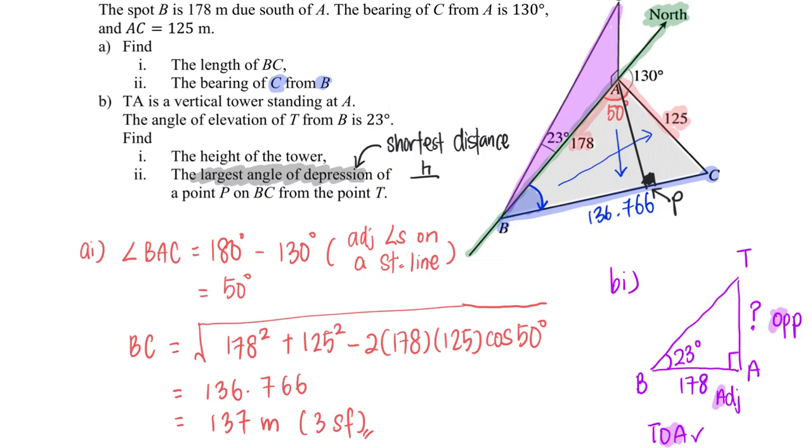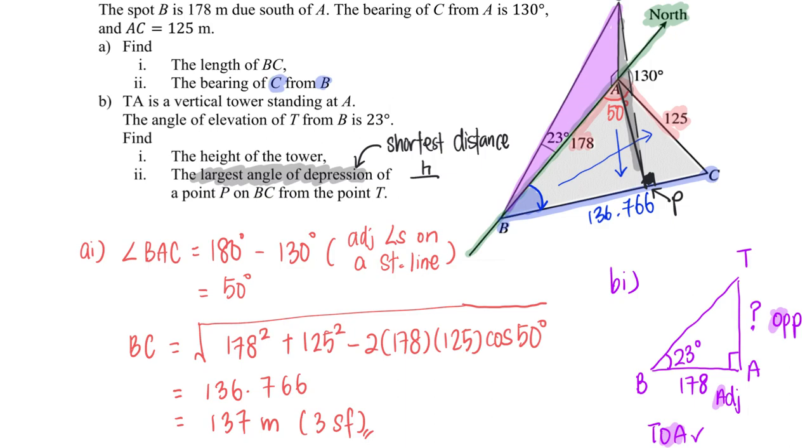And to bring your attention now as well, there is this triangle TAP, which I'm going to highlight here in gray, in black. This will allow us to then find the angle of depression.